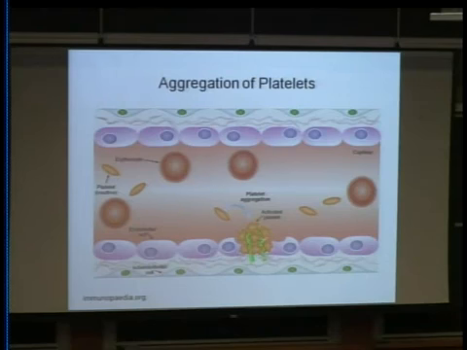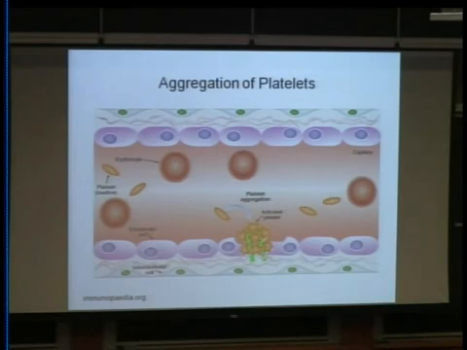So in the artery, if we have a cut, the blood shoots out, right? So you need to have a very fast response to stop the bleeding. The von Willebrand factor is a shear-activated molecule.